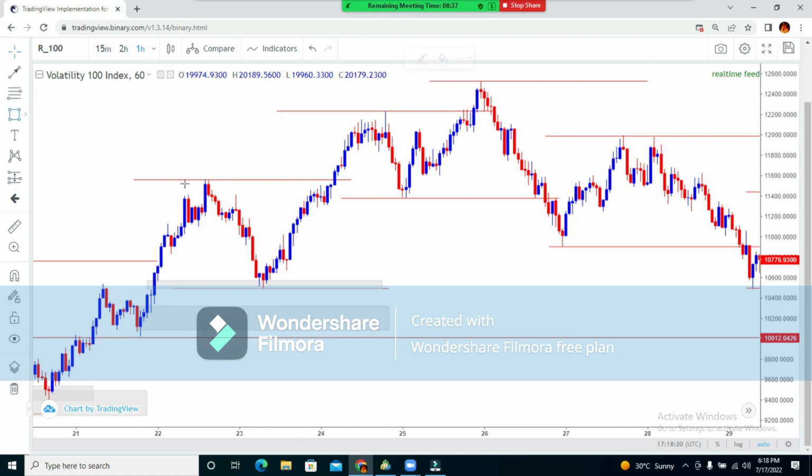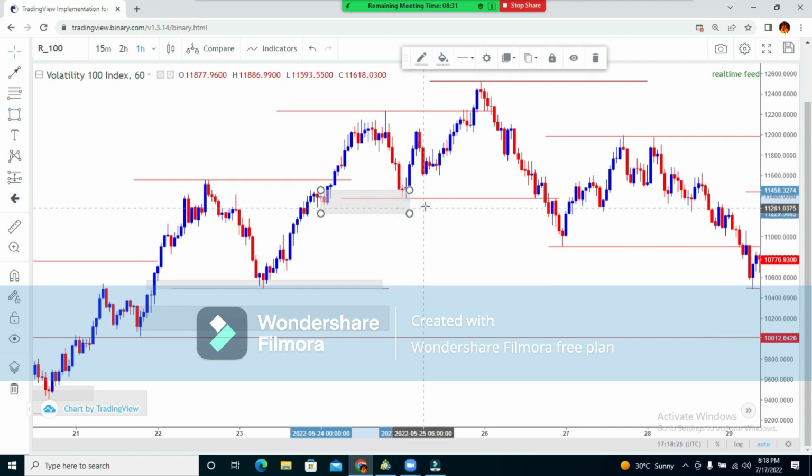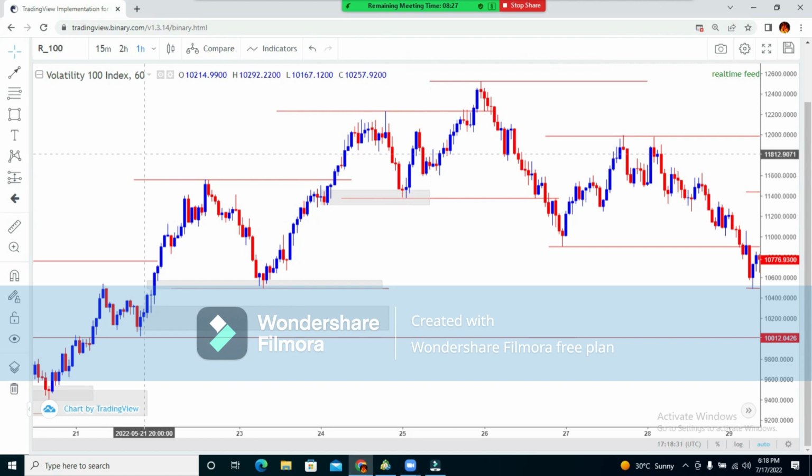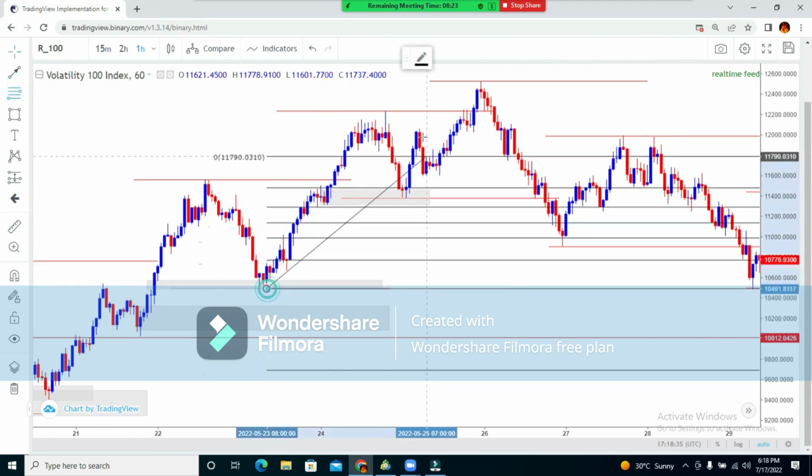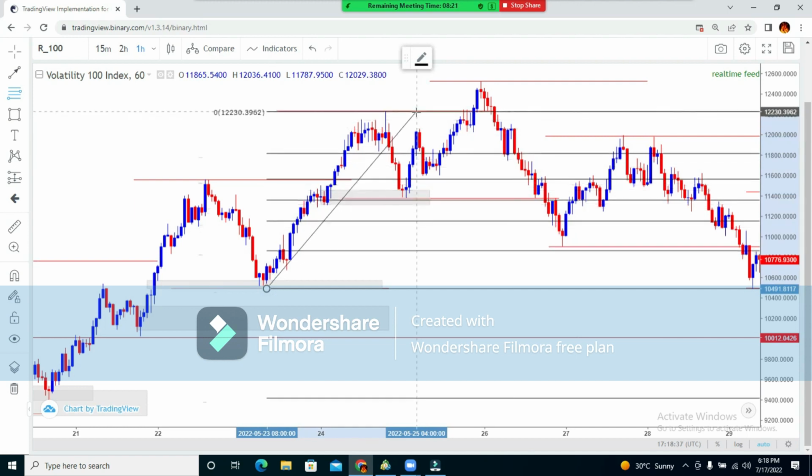Yes. Looking at this now, after this break of market, the last red candle was here. Most times it does not come back to the 50%, but most times it comes back because they want to take orders. But let's check this now from here to here and see if it came back. Okay, almost, yeah, that is the 50%.